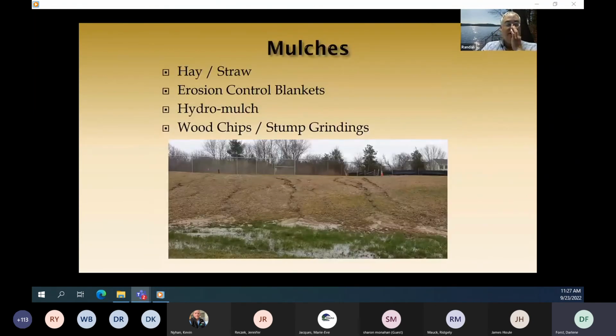So in this photo, I just want to point out, this doesn't look like a very long slope. It doesn't look like a very steep slope. It's not. But there's concentrated runoff coming down, and you can see that this is one of the things that happens when things aren't totally thought out.